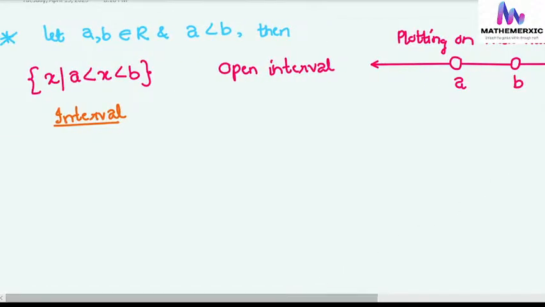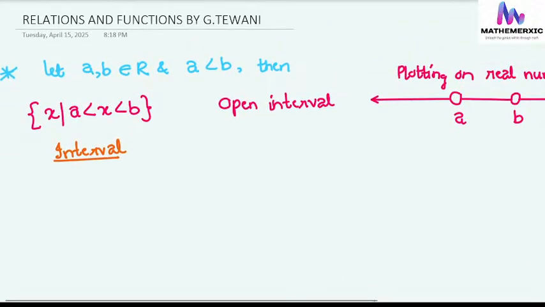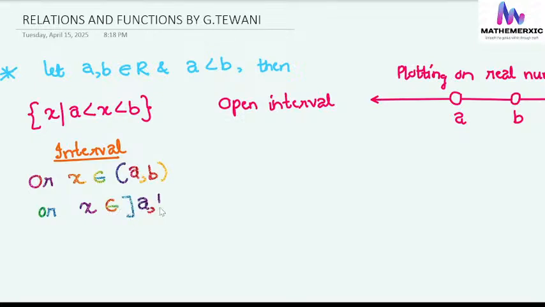Now we have written this: the set of x such that x is greater than a and less than b, so it is an open interval. Similarly, this can be written as x belongs to (a, b), it is an open interval, or x belongs to the open interval a comma b. Like this we can also write.